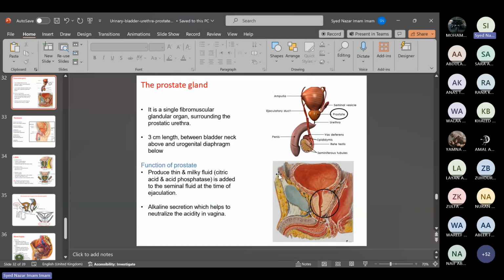When it goes to the female reproductive part, the vagina, the acidity is there in the vagina. So this secretion is alkaline, and it neutralizes the acidity there in the female reproductive part.